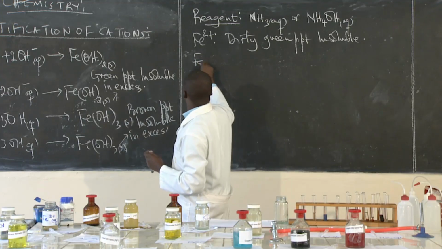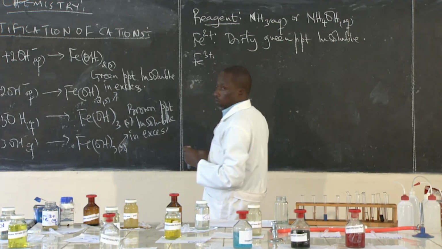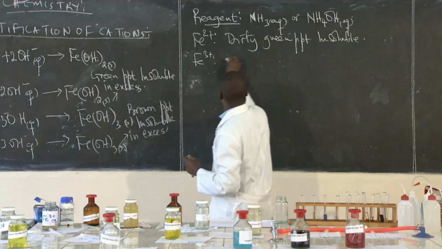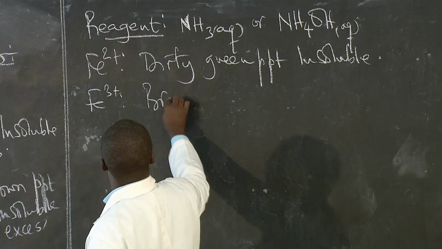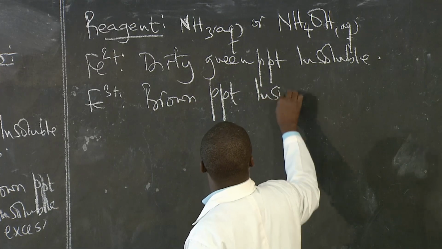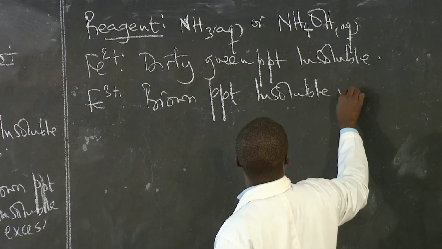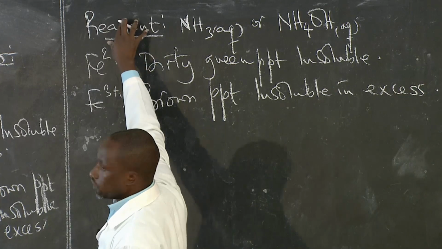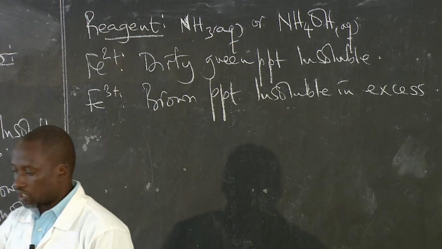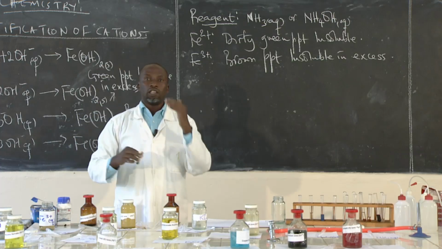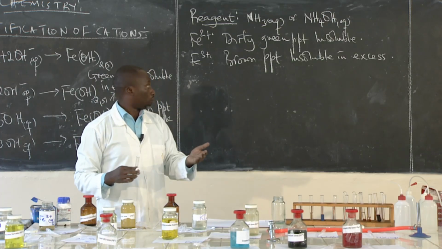With iron 3, we get a reddish brown precipitate, which is also insoluble in excess. So we can use ammonia to distinguish between iron 2 and iron 3 because they give different observations.